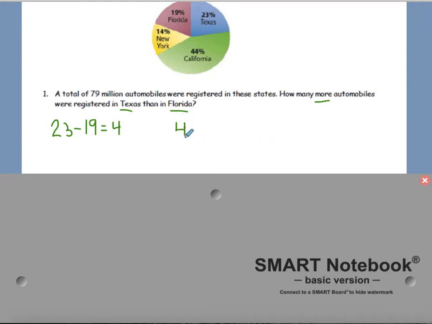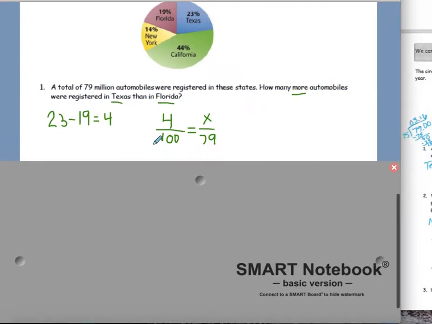We have 4% over 100 equals some number over our total, which is 79 million. So if you look here, our scale factor, we could divide 100 by 25 to get 4.